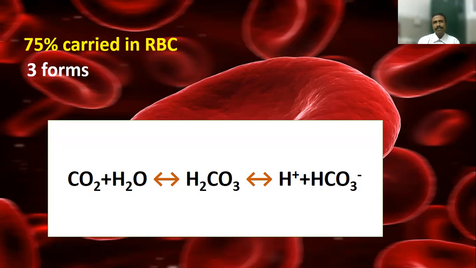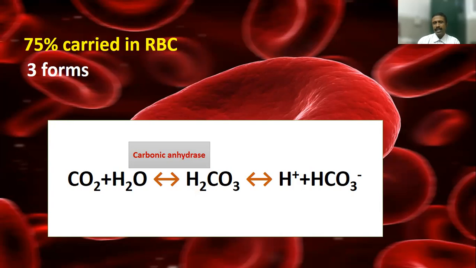Now we don't see this reaction happening predominantly in the blood or plasma, because within the red blood cell there is a unique enzyme which catalyzes this reaction, that is the carbonic anhydrase enzyme. Because of the carbonic anhydrase enzyme, the carbon dioxide which enters the red blood cell within a fraction of a second dissociates into hydrogen ion and bicarbonate ion.